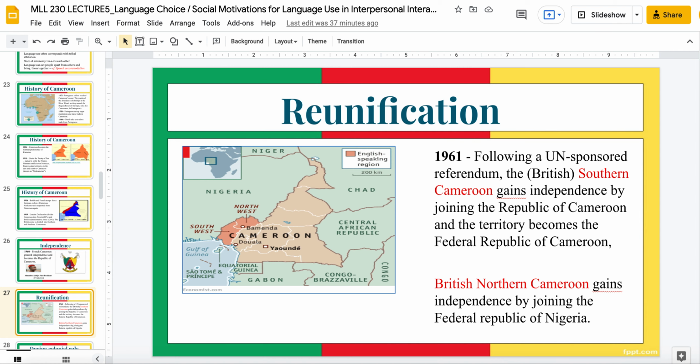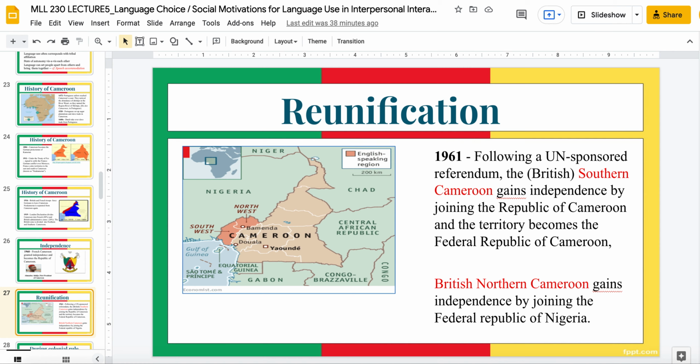Southern Cameroon, the British part, was to gain independence and join the Republic of Cameroon, so the territory becomes the Federal Republic of Cameroon. And then the British Northern Cameroon gains independence by joining the Federal Republic of Nigeria.